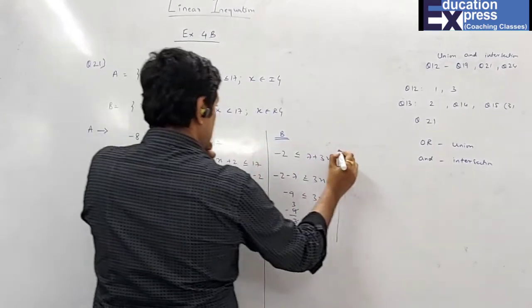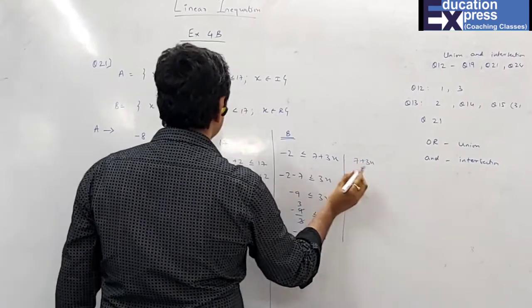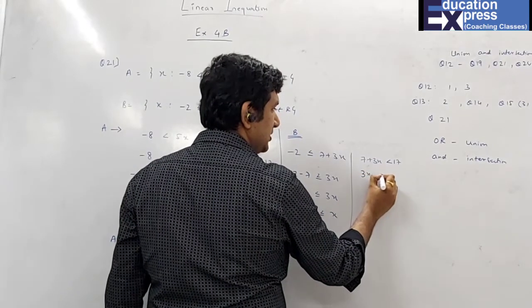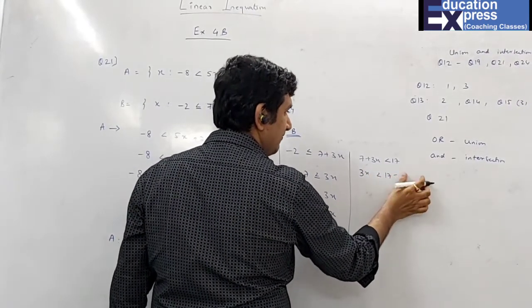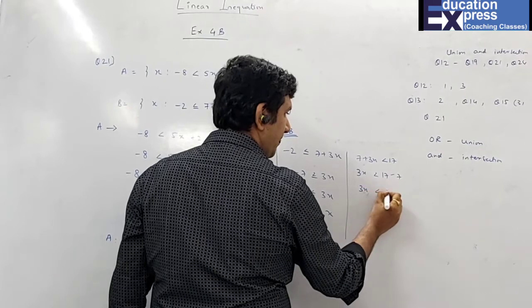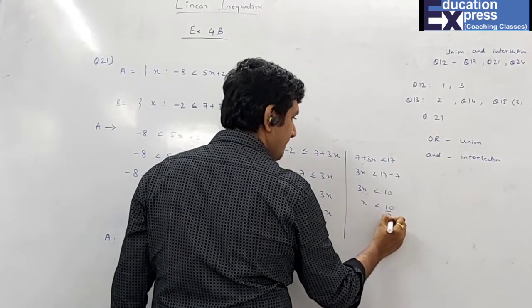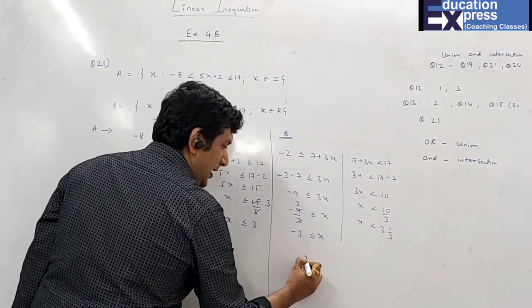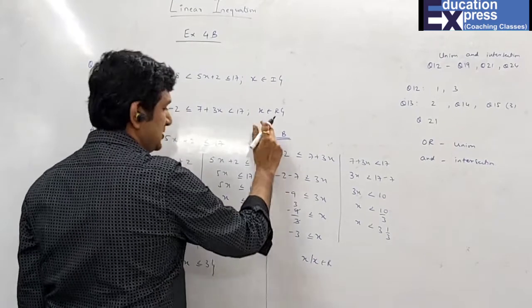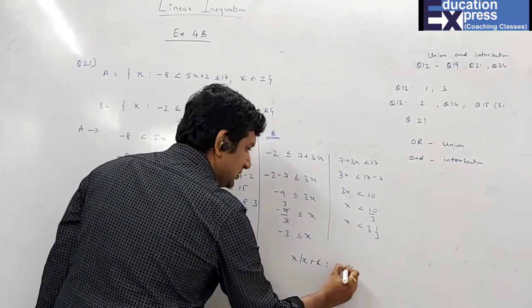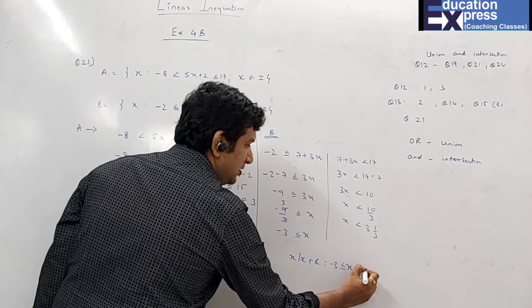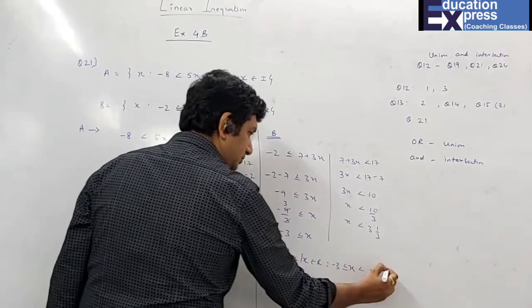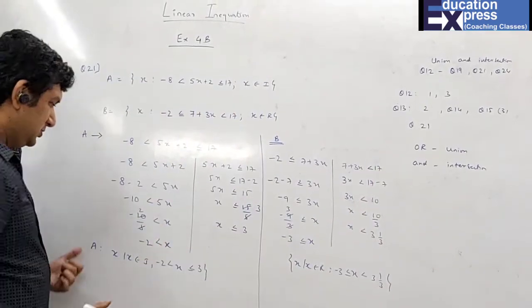And now 7 plus 3x is less than 17, so 3x is 17 minus 7, so x is less than 3 1/3. So x such that x belongs to real numbers: x is more than or equal to -3 and less than 3 1/3. So now the solution sets of A and B are available.